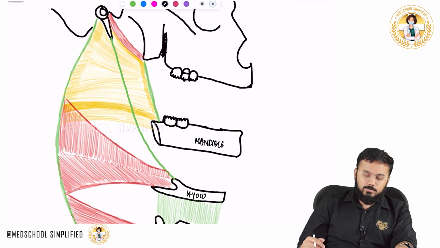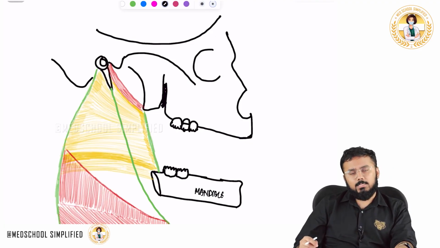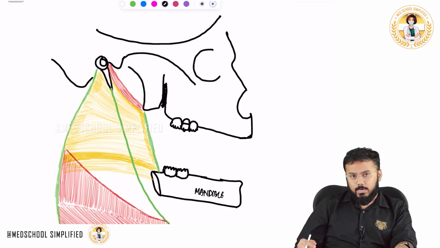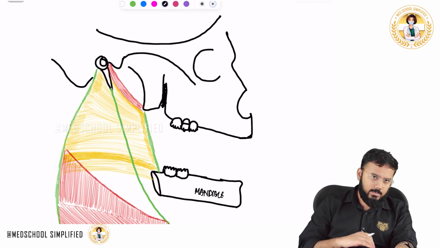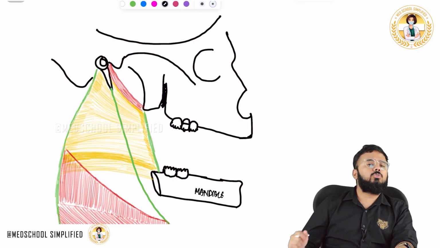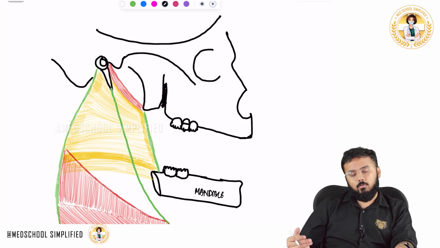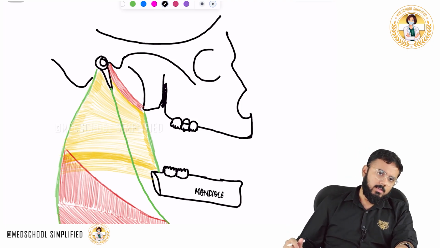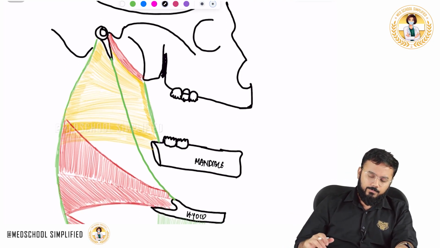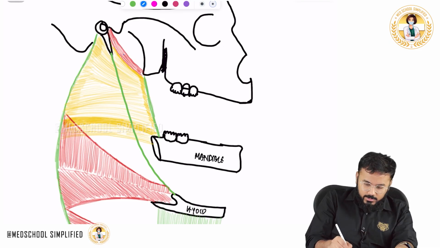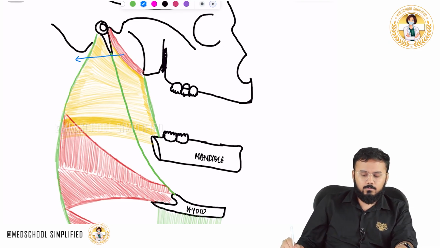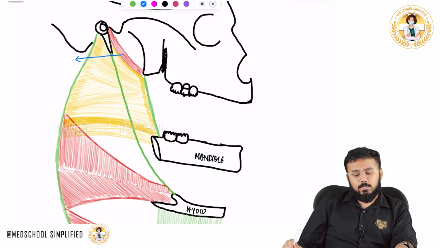Now, in these structures, the first important thing is that we will discuss superior constrictor, middle constrictor, and inferior constrictor. But before that, you should know the different parts of the superior constrictor, the different parts of the middle constrictor, and the different parts of the inferior pharyngeal constrictor. First of all, you see this particular muscle here. What is this muscle?